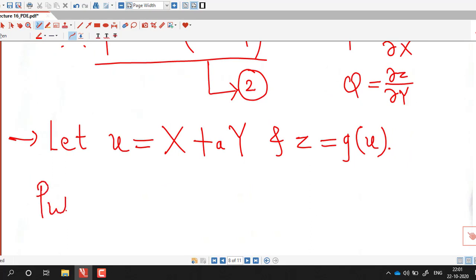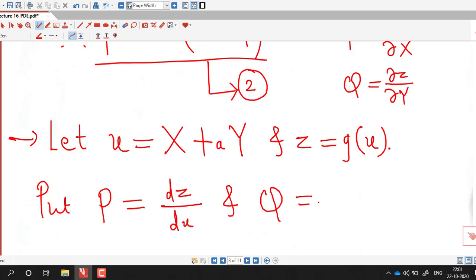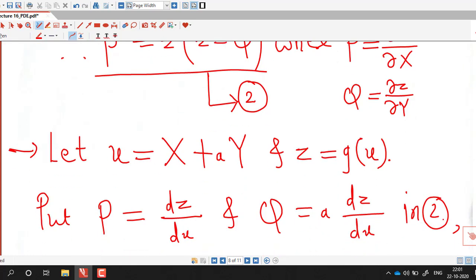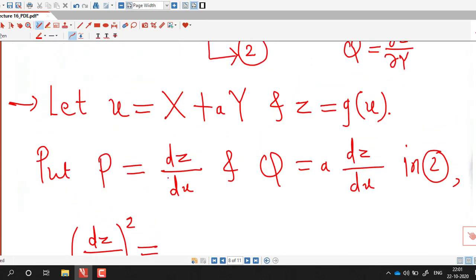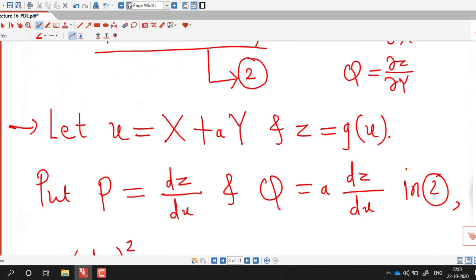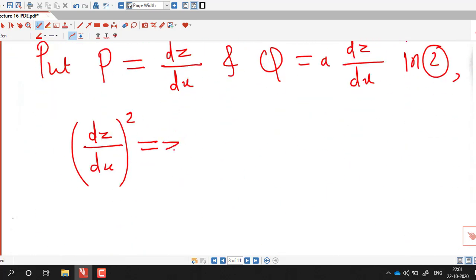Then we have to put capital P equal to dz by du and capital Q equal to a times dz by du, and we obtain (dz by du) square equal to z times (z minus q), where q means a times dz by du.